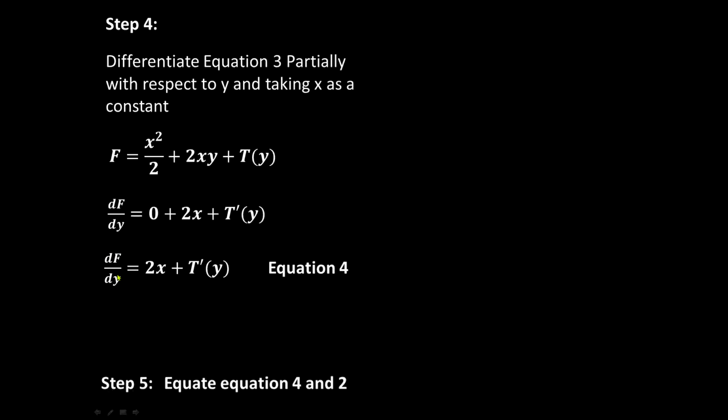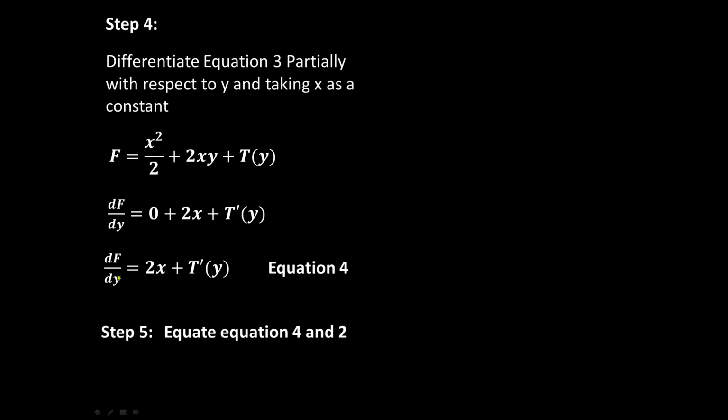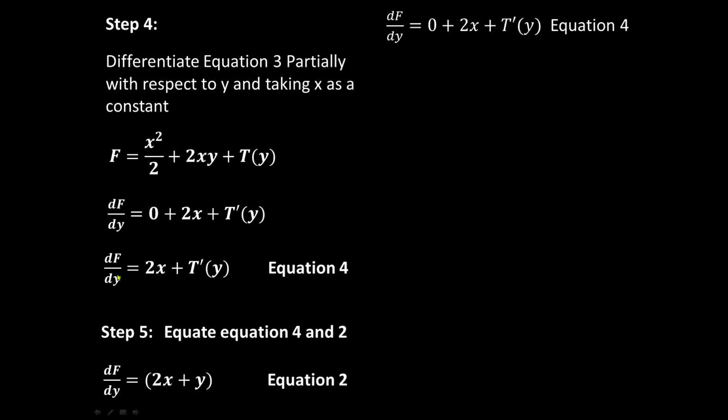Kaya ang step 5 natin, equate lang natin ang parehong df over dy. Or we can simply say equate equation 4 and equation 2. Ayan yung equation 2 natin at ito yung equation 4. Wala tayong ibang gagawin kundi equate lang yung dalawang yan. So, df over dy is equals to df over dy.